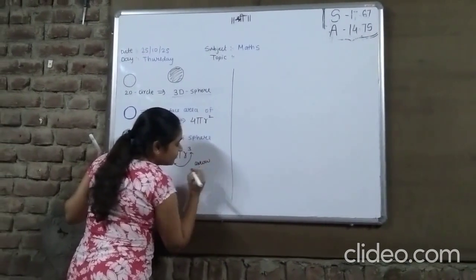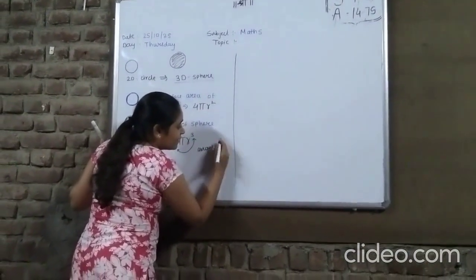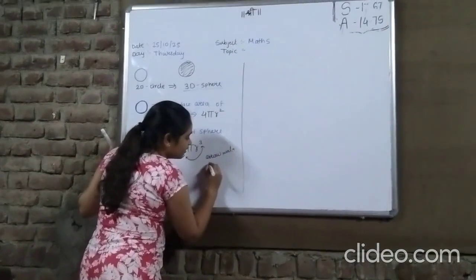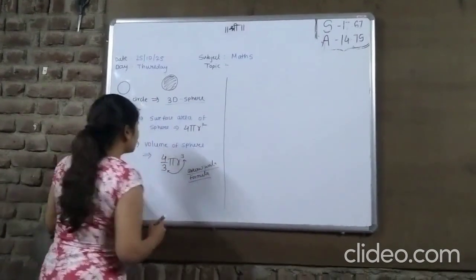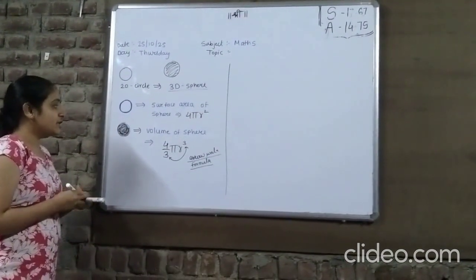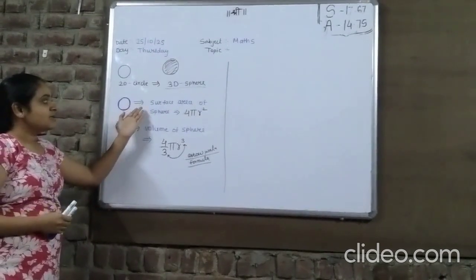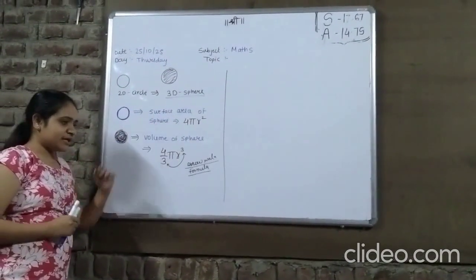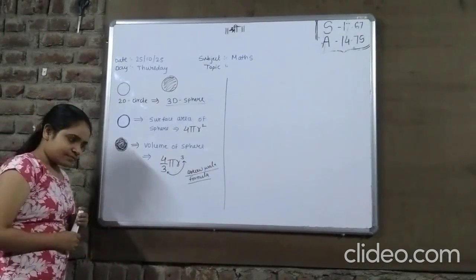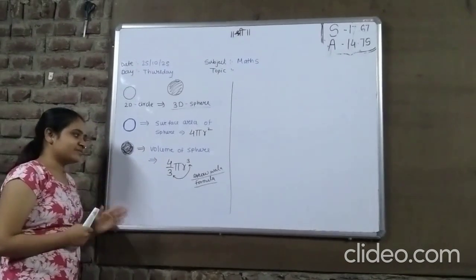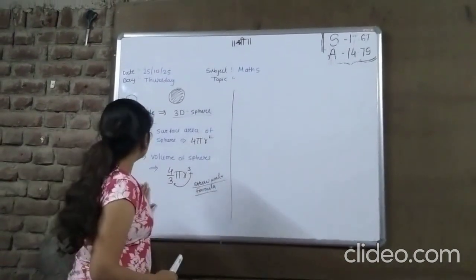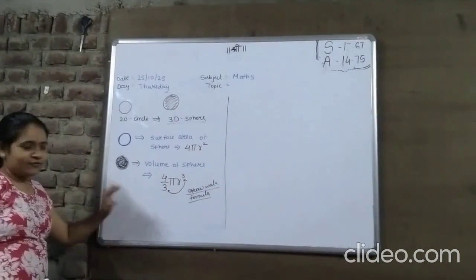Please repeat the formula. Surface area of sphere is equal to 4 pi r square. Volume of sphere is equal to 4/3 pi r cube. Very good. So it is the arrow wala formula.